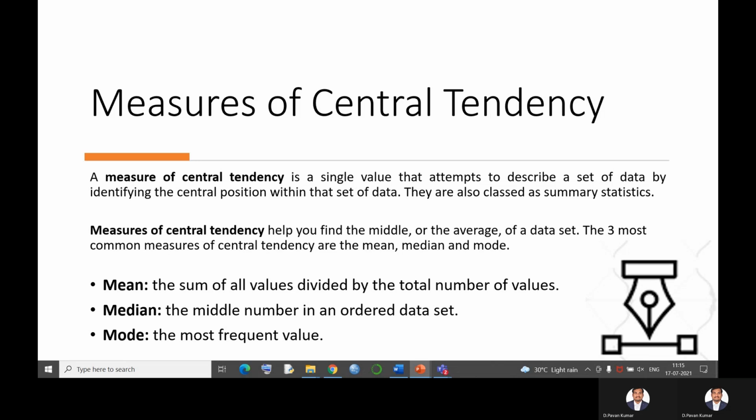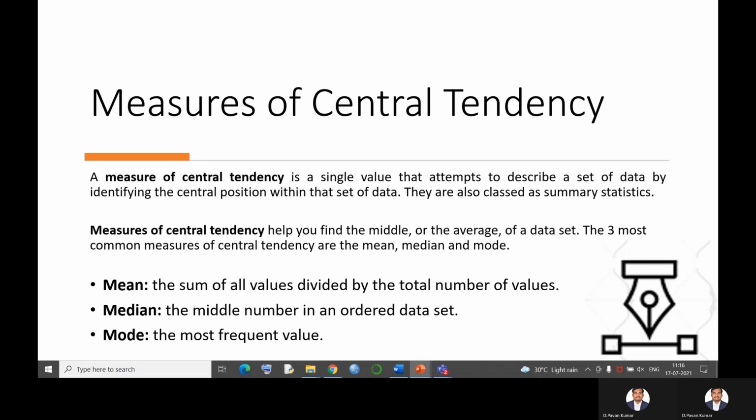Now, in how many ways are we going to calculate this centralized value? There are three measures. The first one is called mean, the second median, and the third mode. Once you think of statistics, usually since our childhood, once we pass our SSC, that means matriculation, we have a unit called statistics.